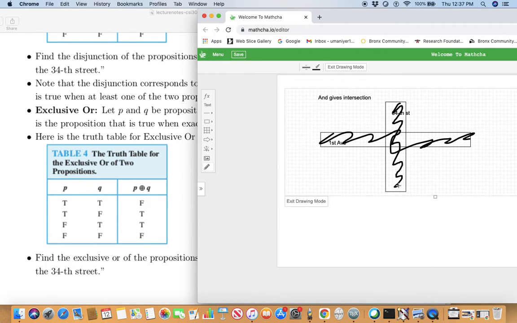Or means union. You know this, right? So and gives intersection, or gives union. I hope it's clear.